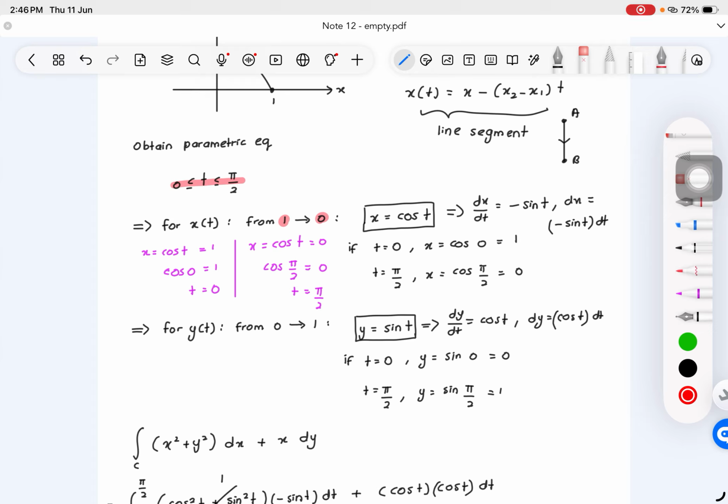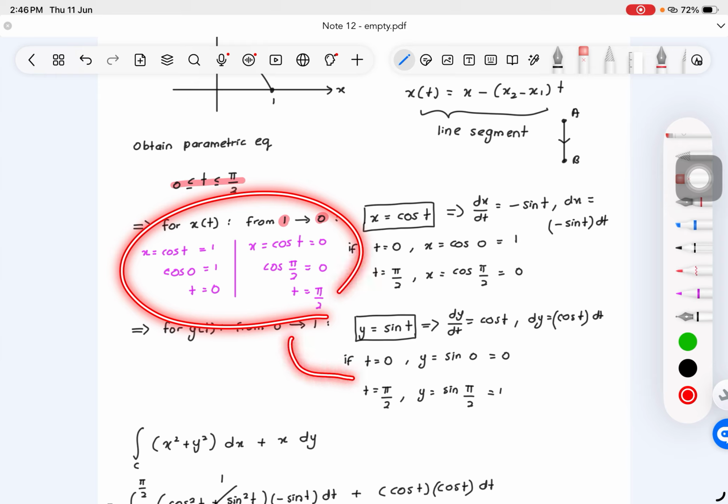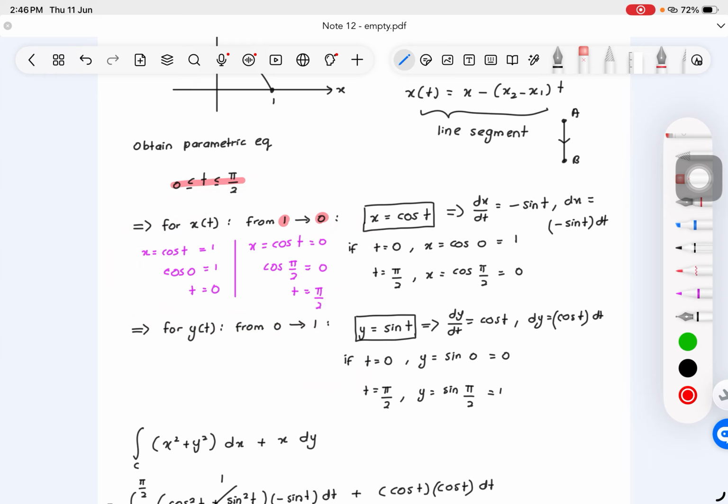Same goes here, like this one. We know that the interval for t is from 0 to pi over 2. Up here, you already got your equation for x and also y.